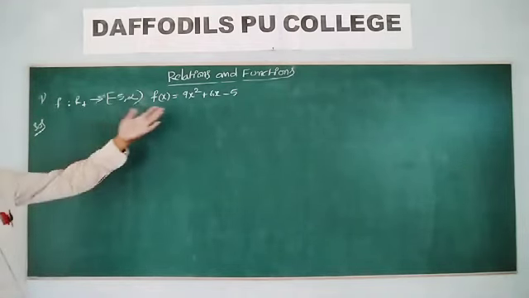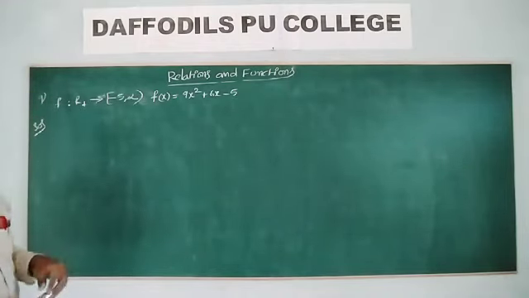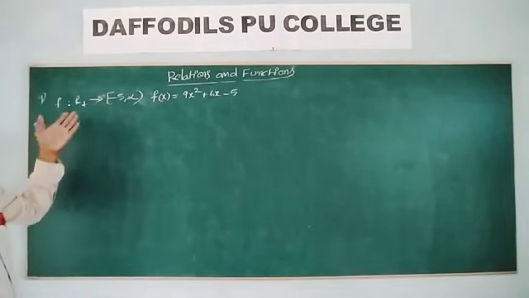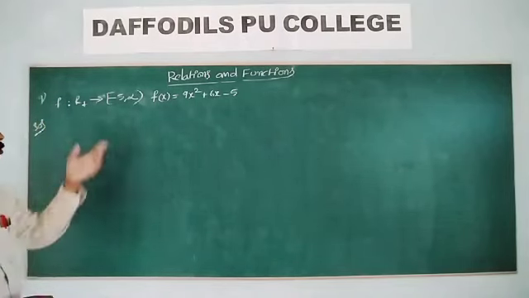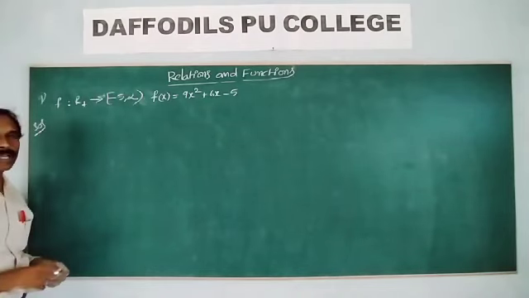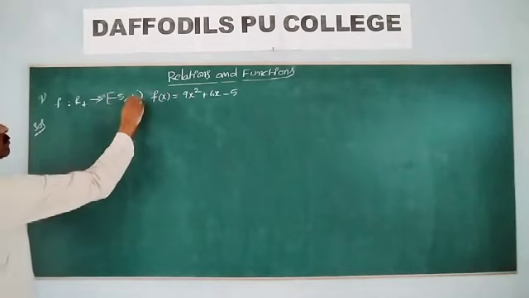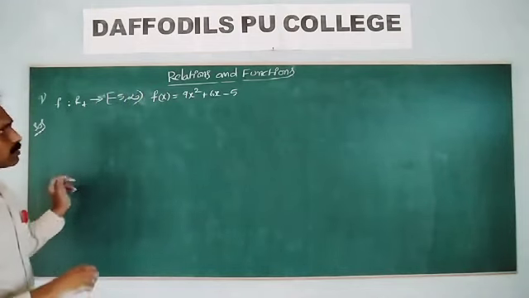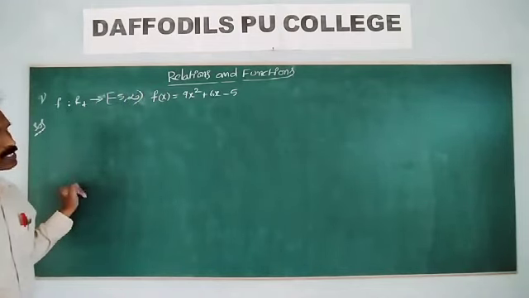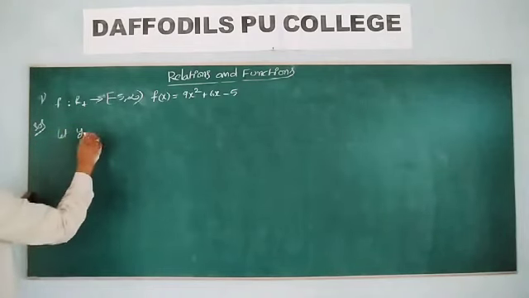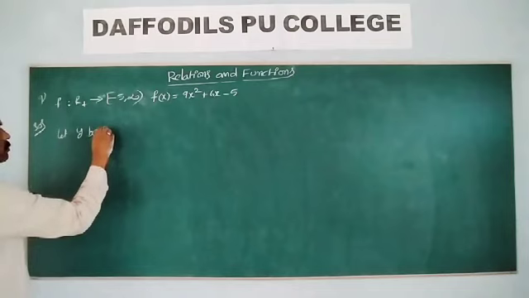Given this function and given the mapping: R plus means non-negative real numbers, only positive real numbers, to the codomain, which is minus 5 to infinity. f of x is equal to 9x square plus 6x minus 5. Let y be an arbitrary element.